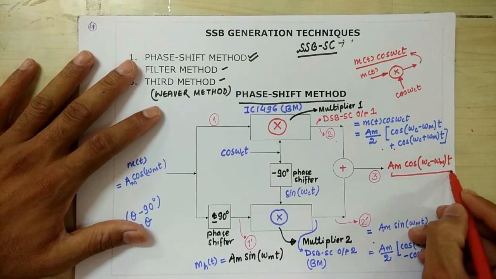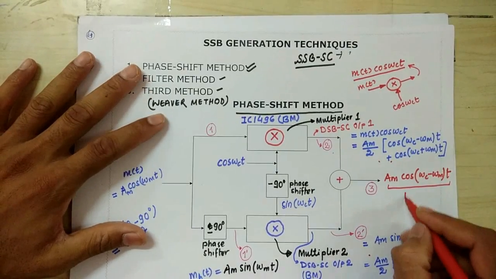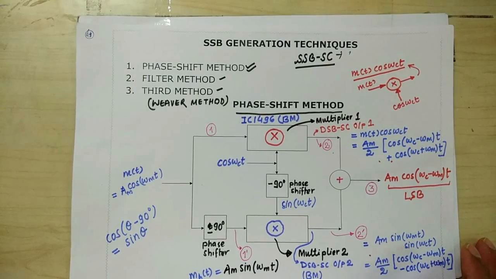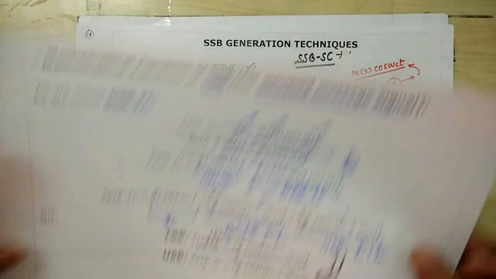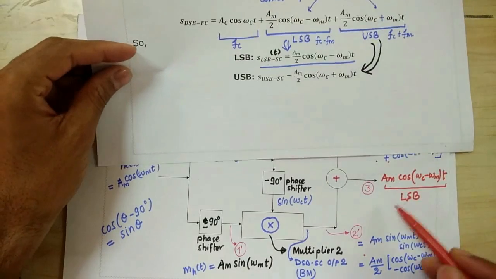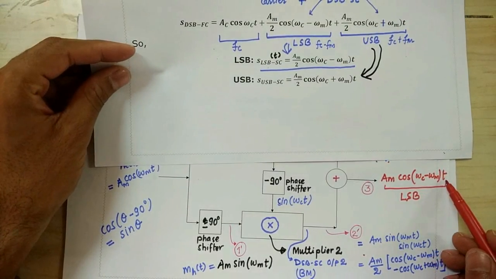And if you see this equation, this is nothing but our LSB equation which we derived in the previous slide, Am by 2 cos (omega c minus omega m) t.